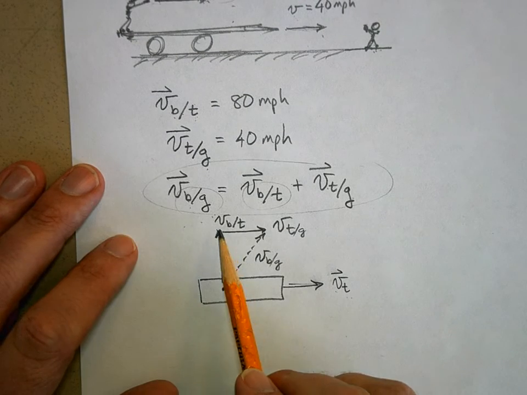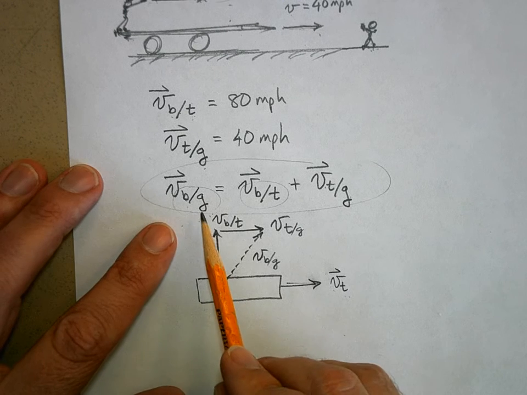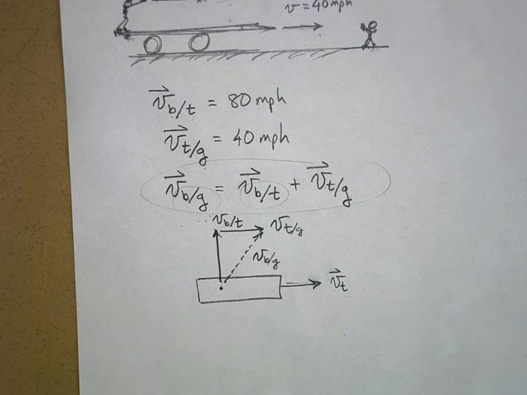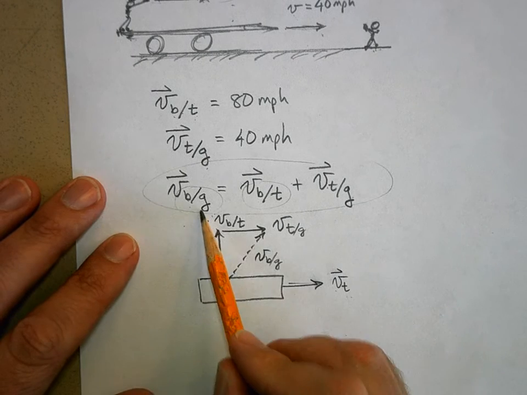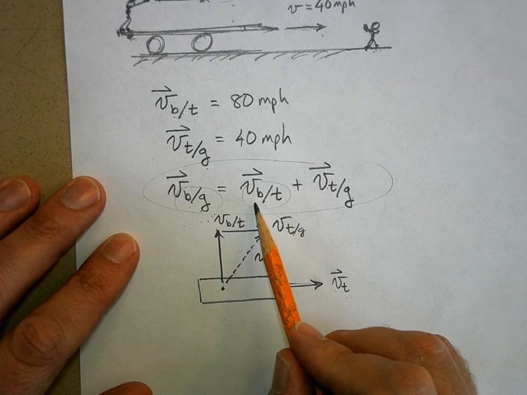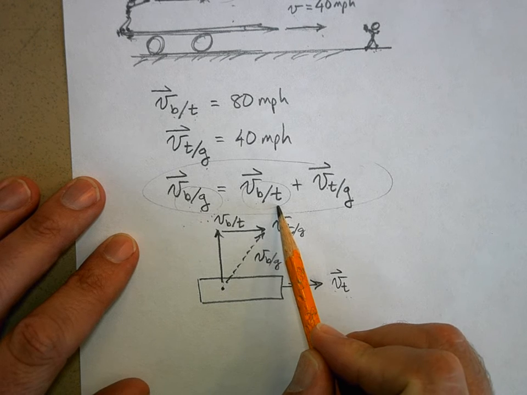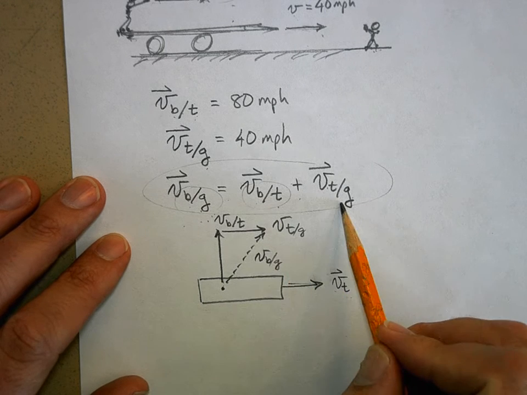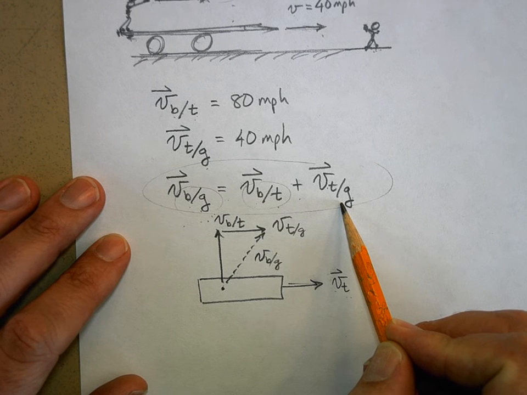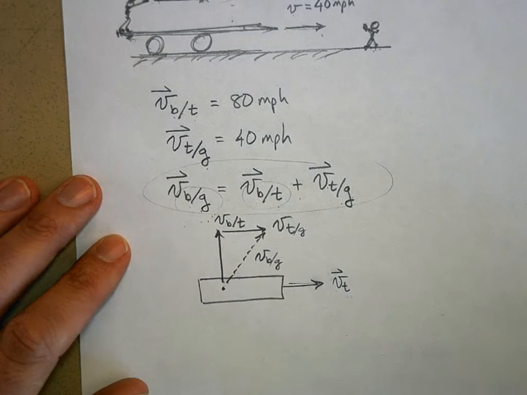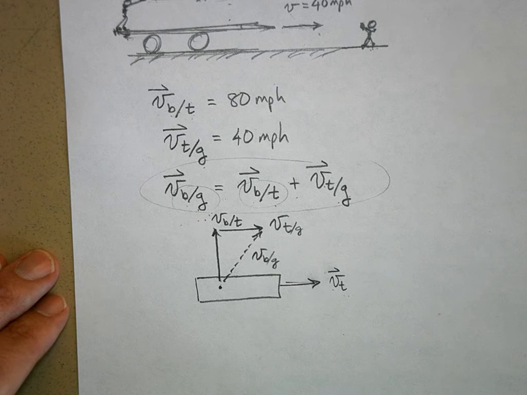This idea says the velocity of my object compared to my stationary reference frame will be equal to the velocity of my object in my moving reference frame plus the velocity of my moving reference frame with respect to my non-moving reference frame.